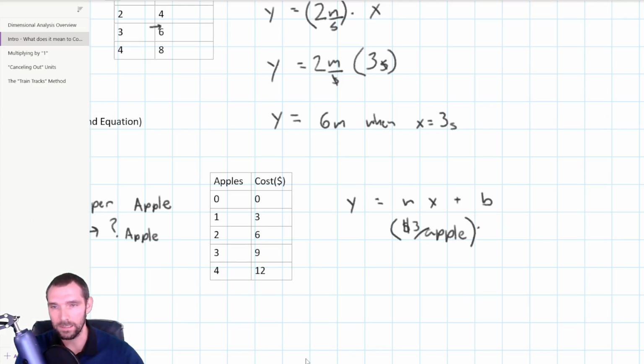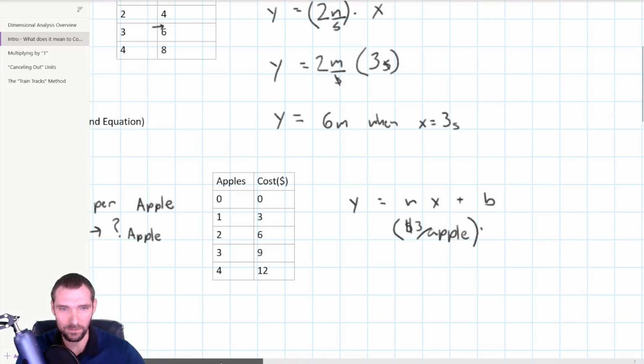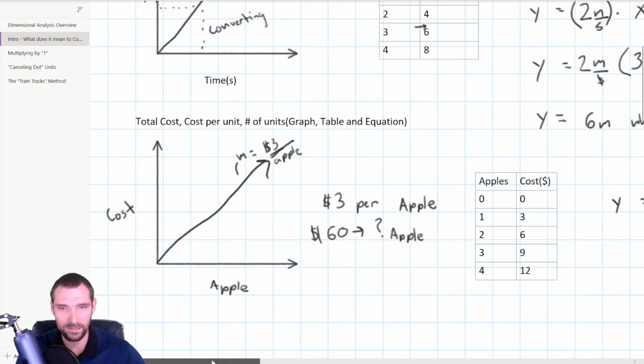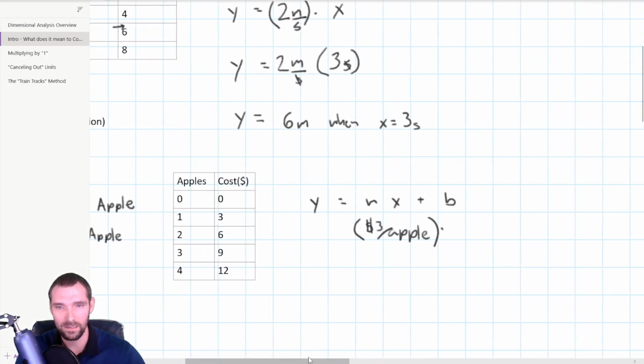And we're multiplying that by, let's say in this problem, we're given the cost. And so we can say, okay, this is going to cost $60. And I want to know how many apples that is.